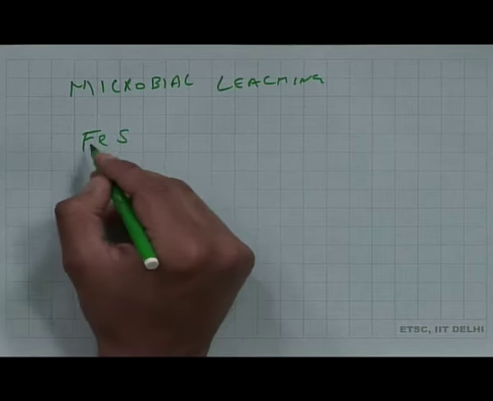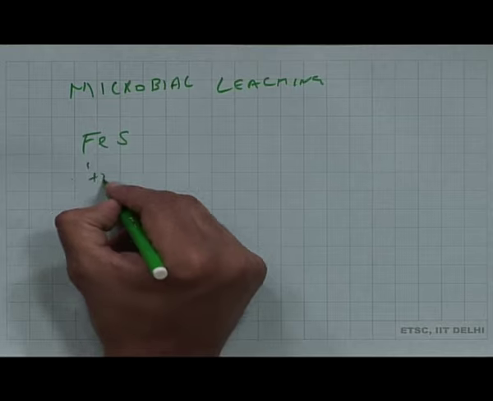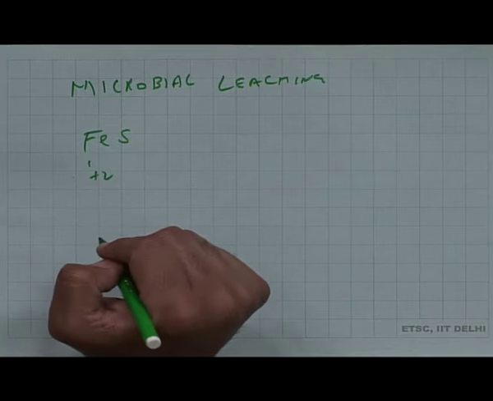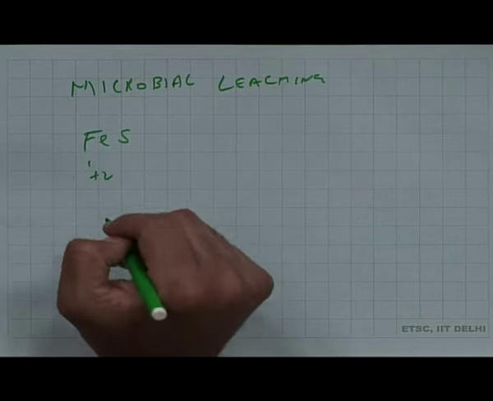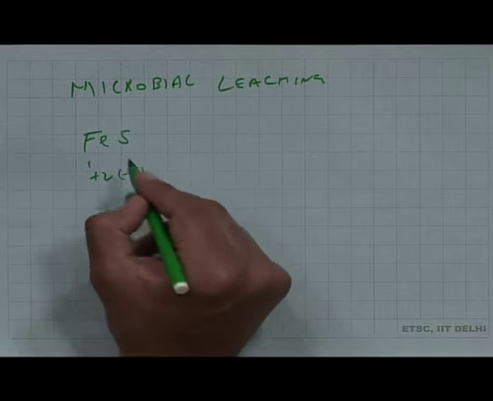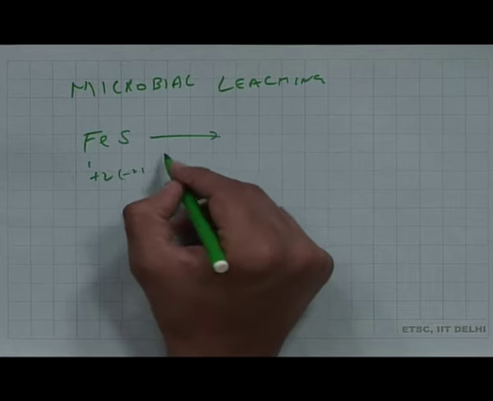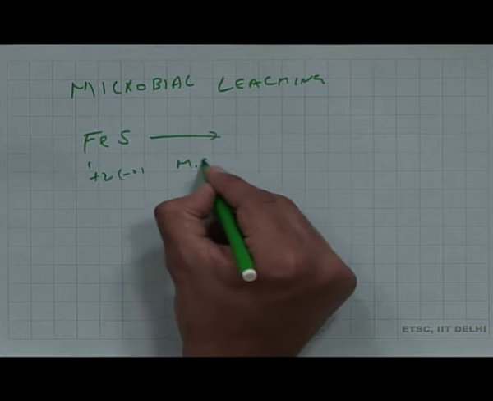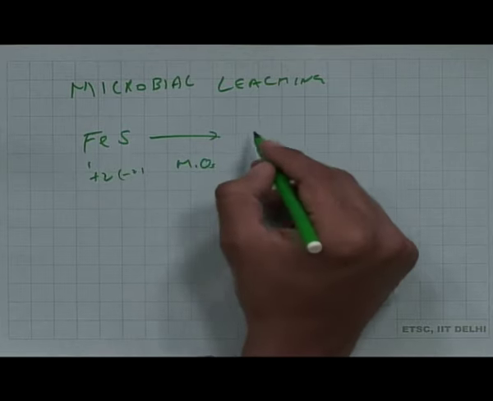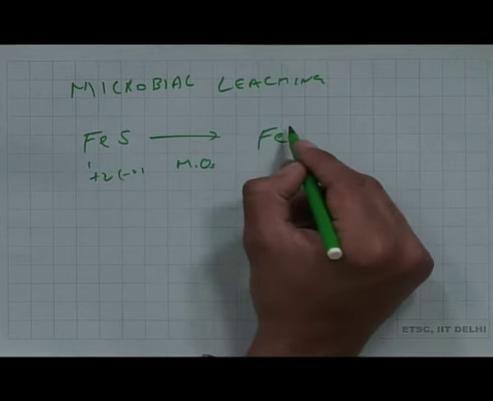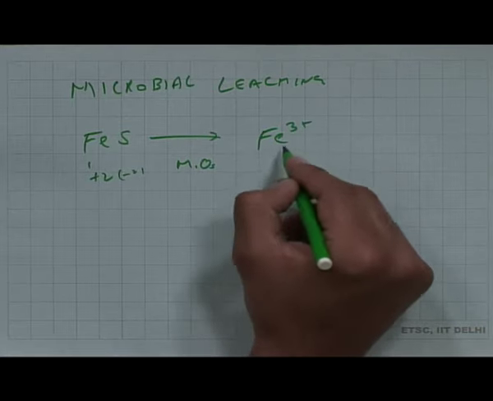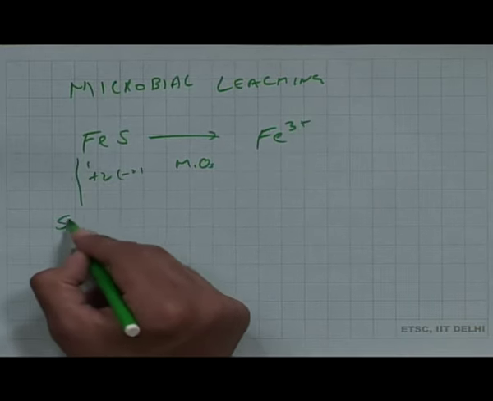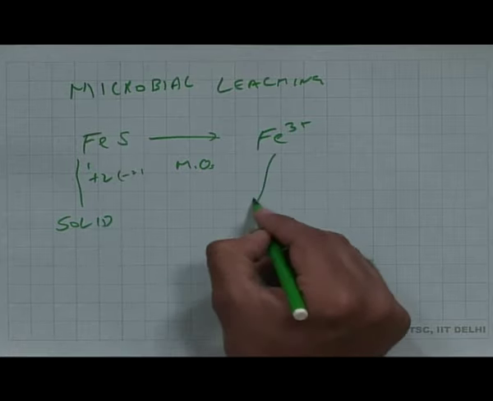Here iron is in +2 oxidation state, and sulphide is also in -2 oxidation state. Basically you have microorganisms that can oxidize iron to iron 3 plus, and this 3 plus is solid and this is a liquid.